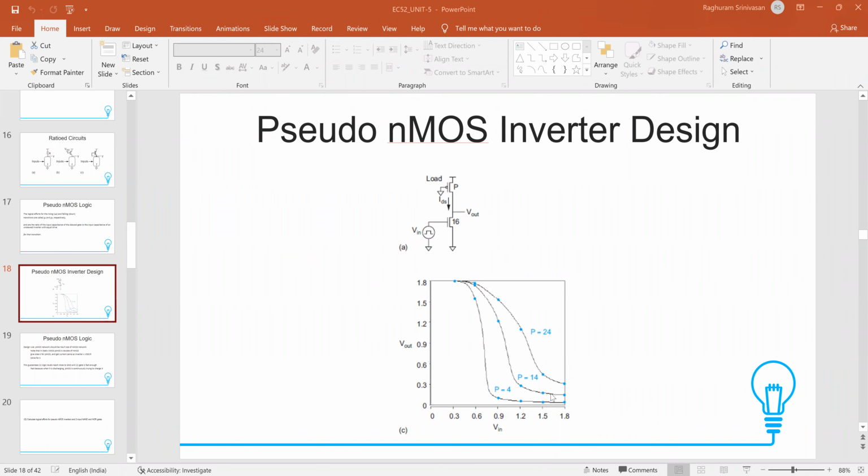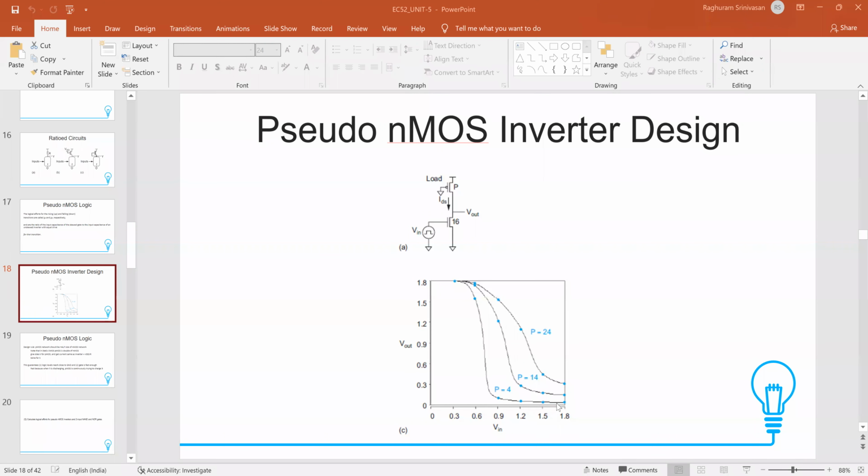So what is this graph? This graph is the voltage transfer characteristics for the inverter, for different values of P, that is, different values of PMOS transistor size. NMOS transistor size is fixed at 16. As the PMOS transistor size increases, you see for P equal to 4, it's not so bad.